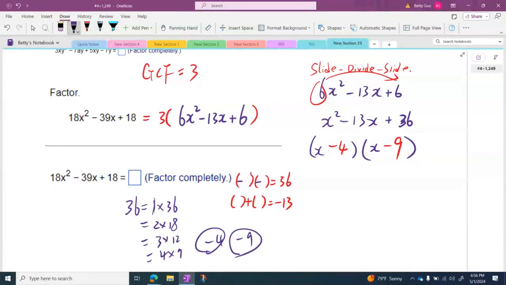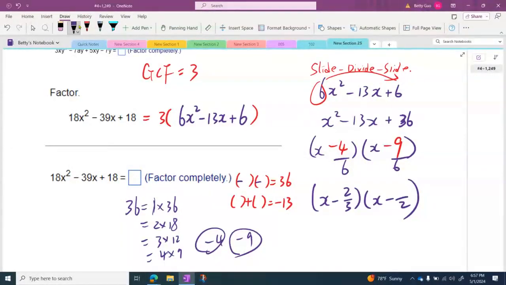You don't even have to continue. Then you divide the two numbers by the original leading coefficient, and you have x minus 4 over 6, reduced to 2/3, and 9 over 6, reduced to 3 over 2.